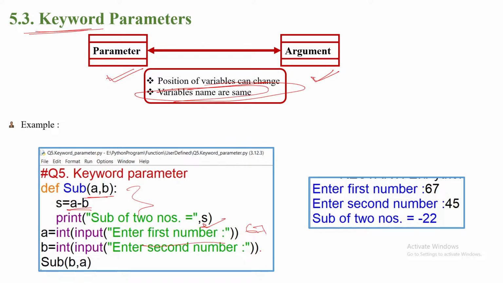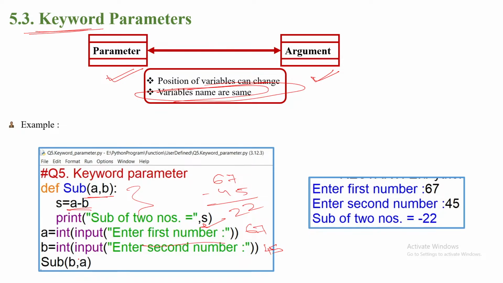What is the number? 45. Now 67 minus 45, you will do it. Okay, a minus b. So 67 minus 45, if you do, then what answer will we get? 7 minus 5, 2. 6 minus 4, this is 2.